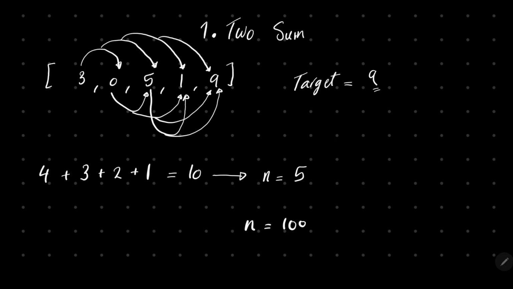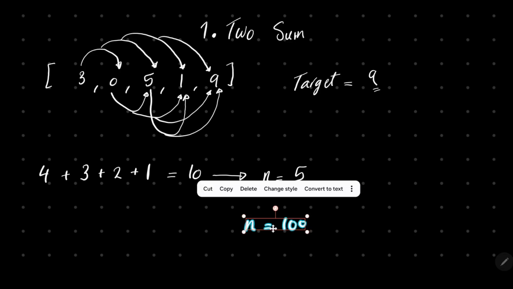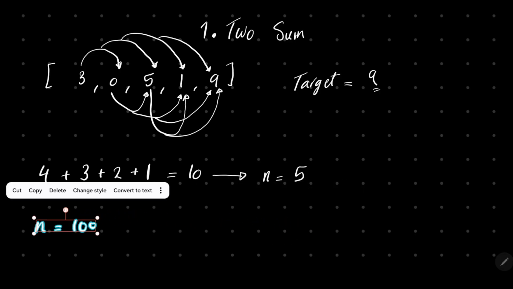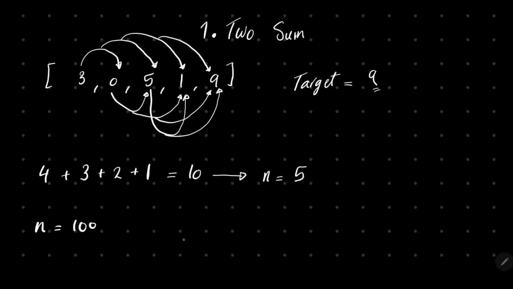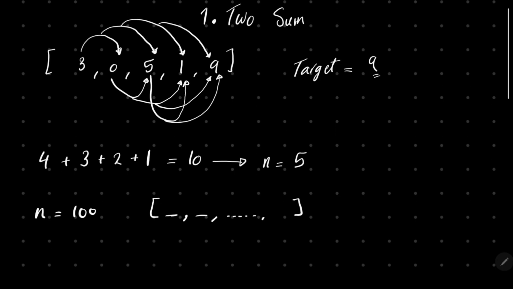How many comparisons do you think you will need if you use this solution, which will never get you any job? But what do you think? If you have 100 elements, imagine you have a huge list, you have the first element, second element, and so on, until the last element, so you have index 0 until index 99.